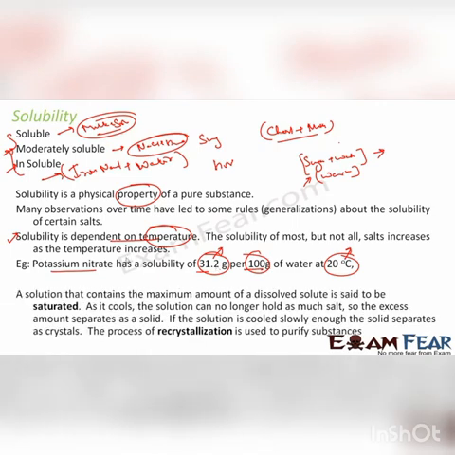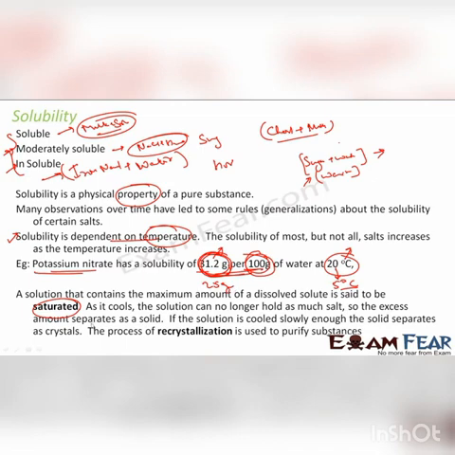A solution that contains the maximum amount of dissolved solid is called saturated. For example, if I take 100 gram of water and dissolve this much potassium nitrate, I call this a saturated solution. But now, if this is saturated and I cool it, let's suppose to 5 degrees Celsius, at 5 degrees Celsius it can hold, let's suppose, only 25 grams.